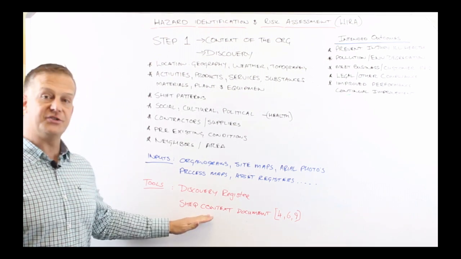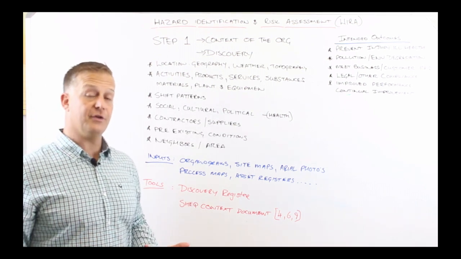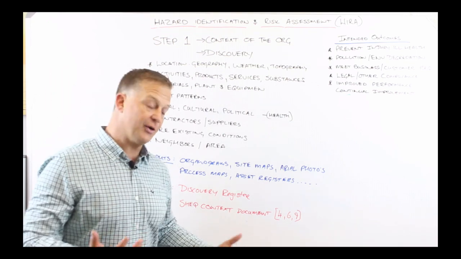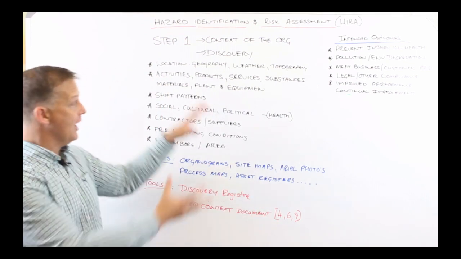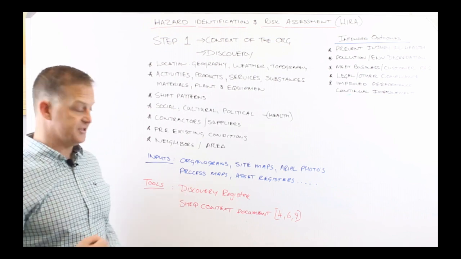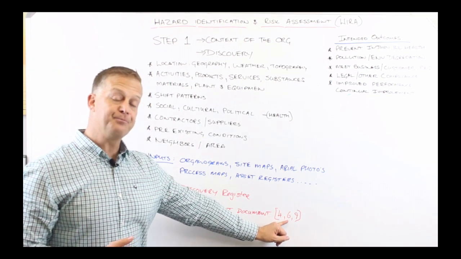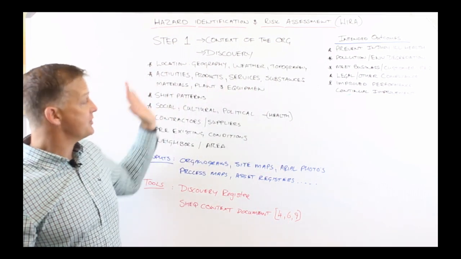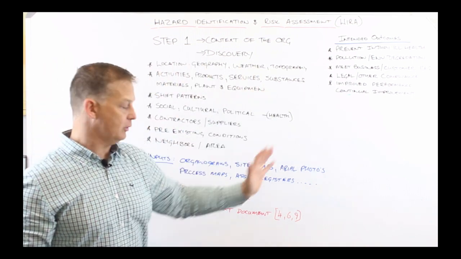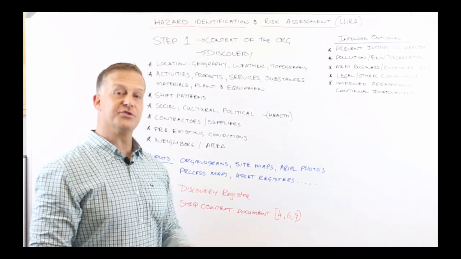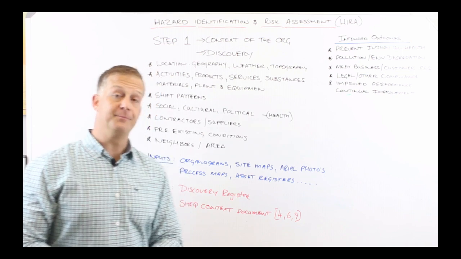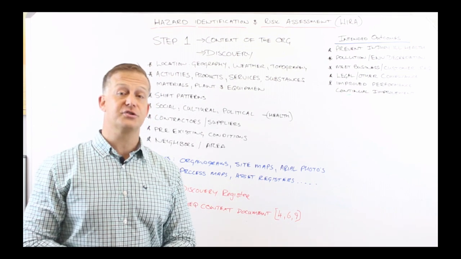This Context Register we utilize in a lot of our SHEC management systems, and it's a great document because it links clause 4, identifying the context of the organization, to then assessing the risks or the opportunities associated with these internal or external issues, and then draws it through to a management plan. So without further ado, let's go and have a look at the tools.